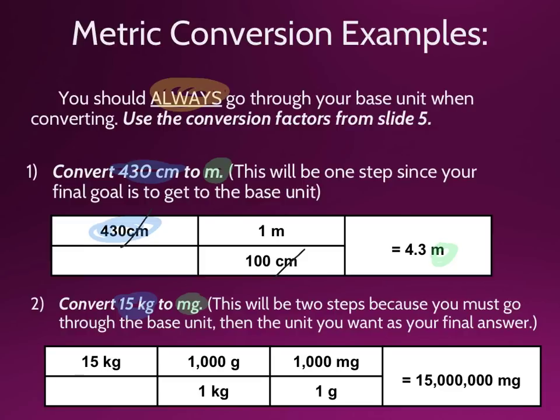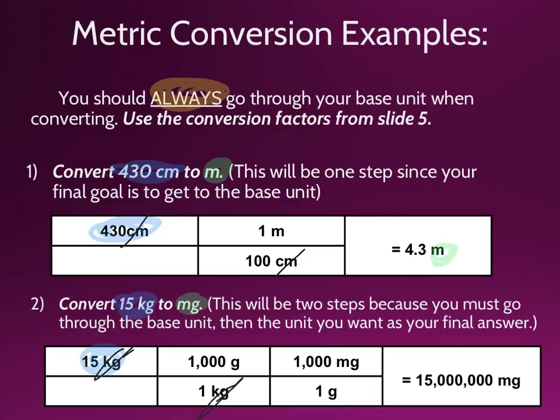I'm starting with kilograms because that's the number they gave me. I know I need to go to the base unit because that's the rule. Always go to the base unit. That way you don't have to memorize any other crazy conversions. You just have to memorize those ones. So we've got 1 kilogram on the bottom. Kilograms cancel, and now our unit is grams, our base unit.